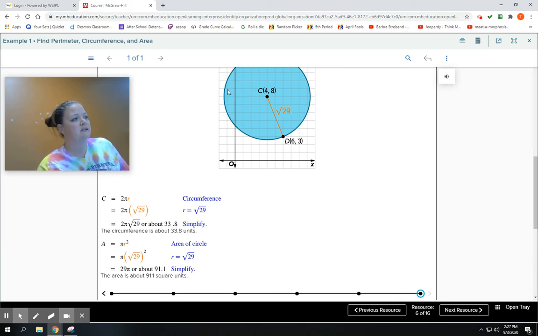And that's that distance along this darker circle all the way around here. And then area, pi r squared, pi times radius squared, pi times the square root of 29 squared. You can call that 29 pi, because the square root of 29 squared is 29. Or you can round that to 91.9 square units.